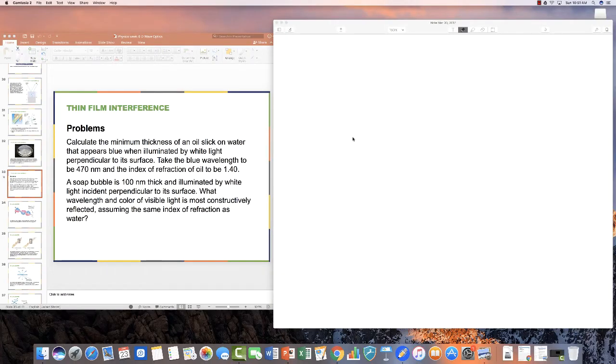To do this problem, I'm going to refer you to example 27.6 on page 975. I'm not going to go through all the justification given in this example for the sake of time, but the formula needed is 2t, where t is the thickness, equal to lambda in the second medium, in this case oil, divided by 2. To get destructive interference, you have to be out of phase, so you divide by 2.